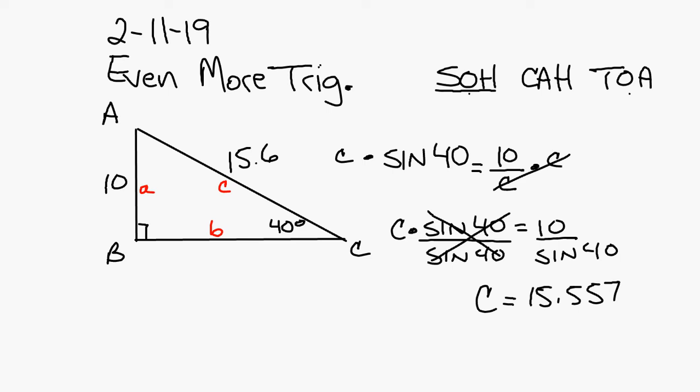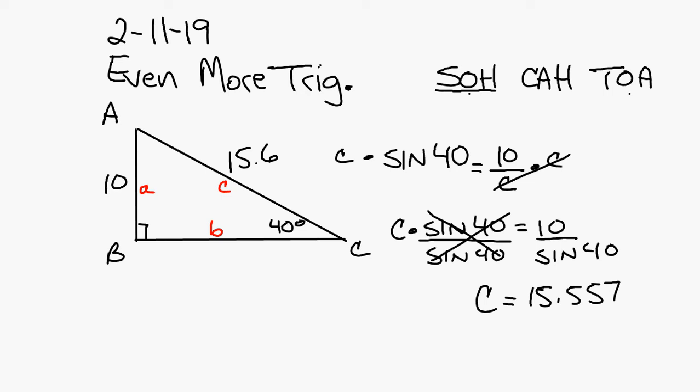Now, you've got two sides in this right triangle. So, if you're a Pythagorean theorem person, you can do the Pythagorean theorem to solve for the third side. If you're a trig person, you can just write another trig ratio.